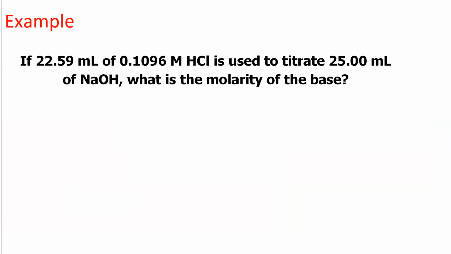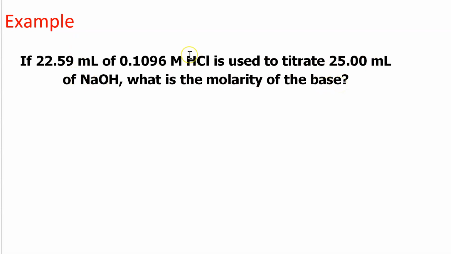So here's an example of a typical kind of titration problem. 22.59 milliliters of 0.1096 molar hydrochloric acid is used to titrate 25.00 milliliters of NaOH. What is the molarity of the base?